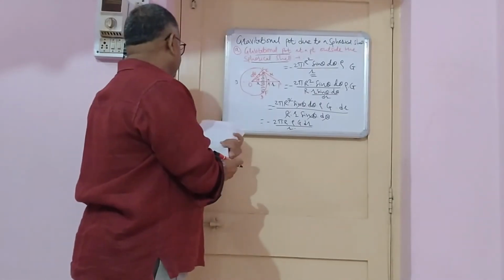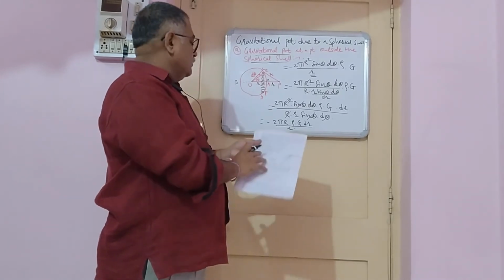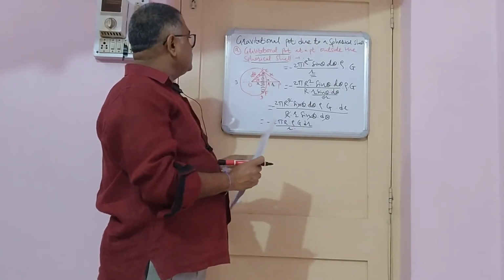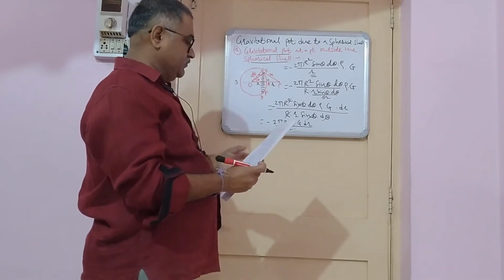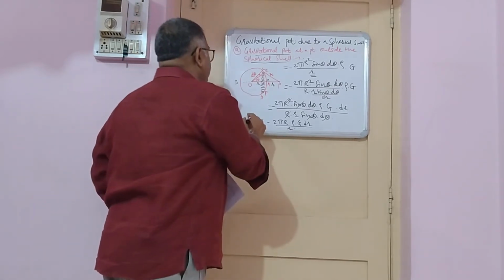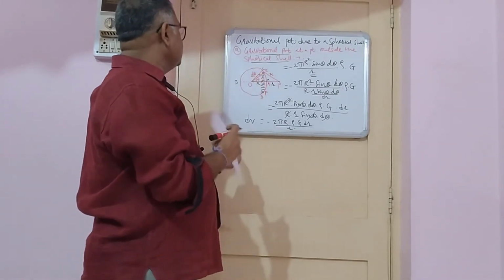This is the quantity. Now this is nothing but the potential dV for one slice.